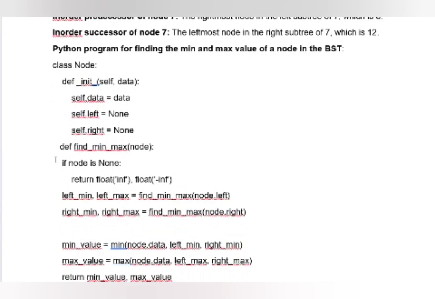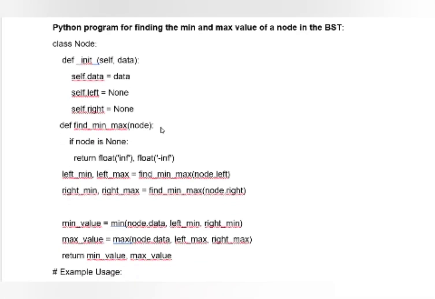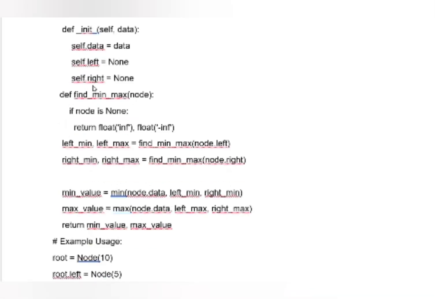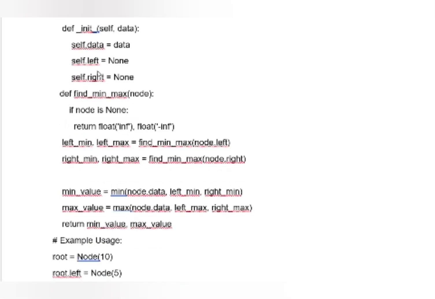Here we represent Node as the class for each node of a binary tree. We will define the function def __init__(self, data). Data will be the value of the node, and the left and right subtrees of the node. Here we will initialize them to None.